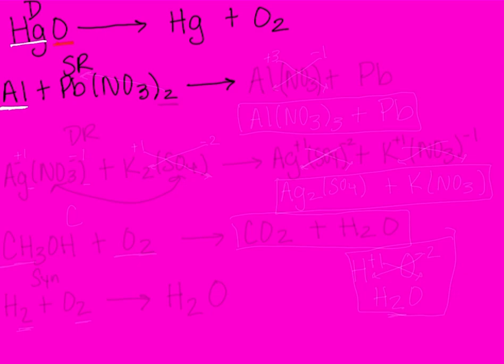In our tips earlier, we learned that we have to make sure our metal is paired with the non-metal, and that we keep the metal in place. So for this one, I'm going to keep the metal in place. Al, I know that it is a metal, so I'm going to keep it in place, because it's not supposed to move.